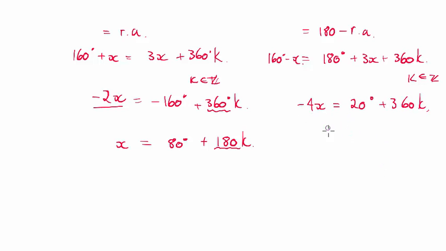And now if I divide everything by 4, I get that x is equal to negative 5 degrees, thank you, plus 90 degrees times k. 360 divided by negative 4 gives me negative 90, but again the same applies, the negative isn't as important.